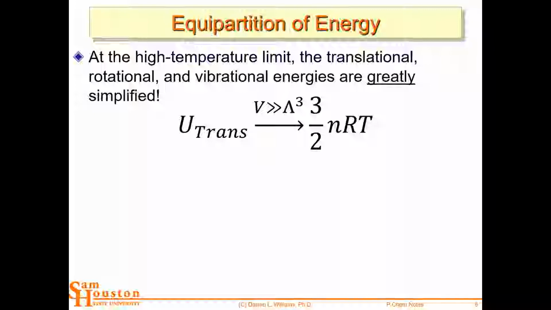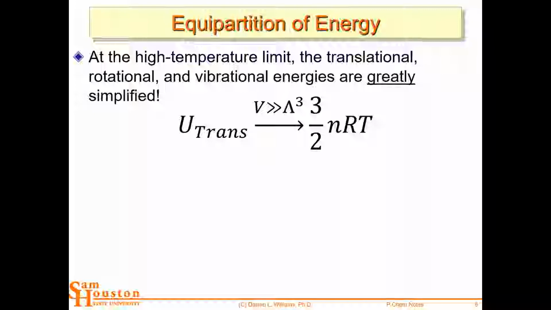And so the internal energy is really easy. It's 3/2 times the number of moles, the gas constant, times the temperature. No summation, no probabilities of levels. You just write out the internal energy for translation as 3/2 RT times the number of moles you've got.